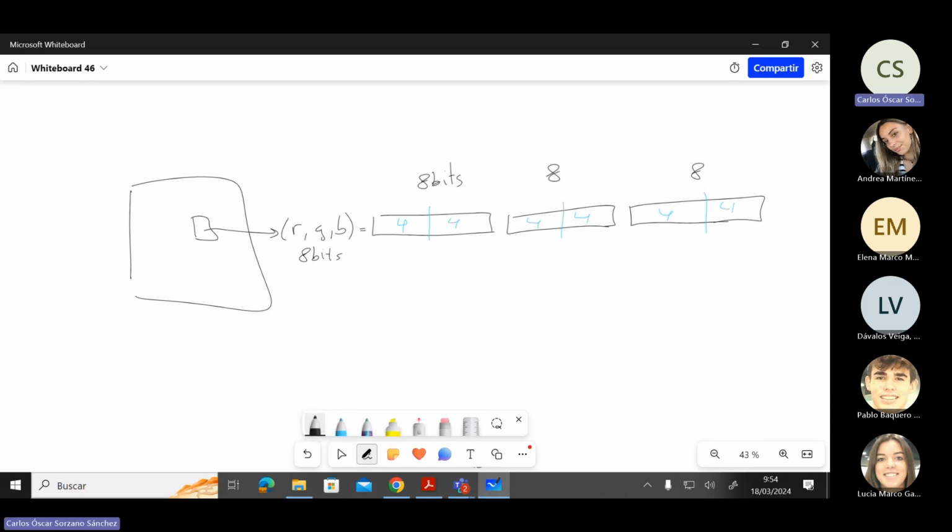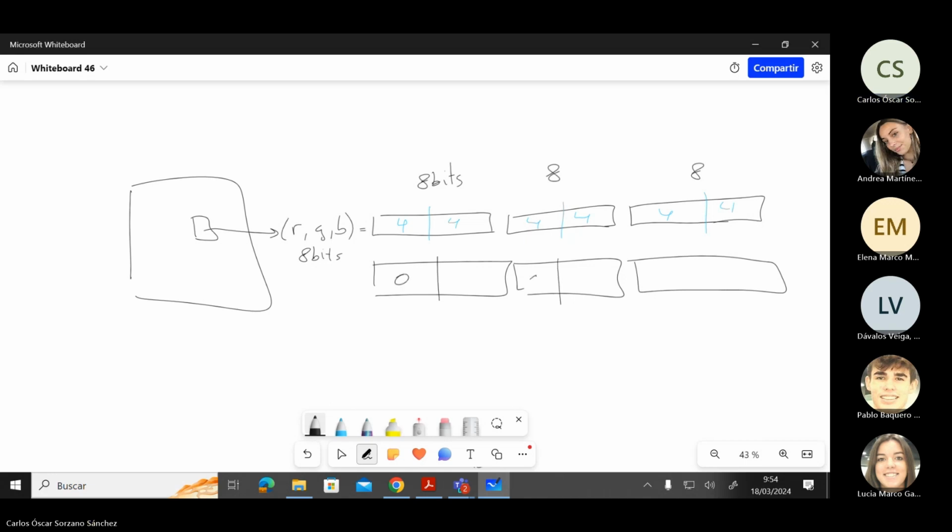So I will replace each one of the other values by 0. The 4 bits that you have before, you copy, and the other ones you set to 0.